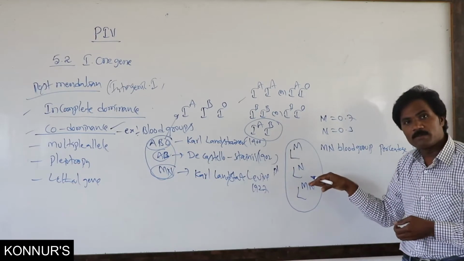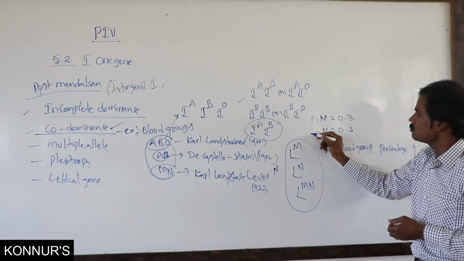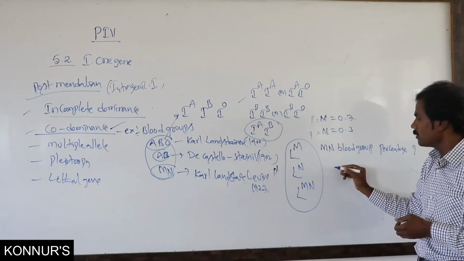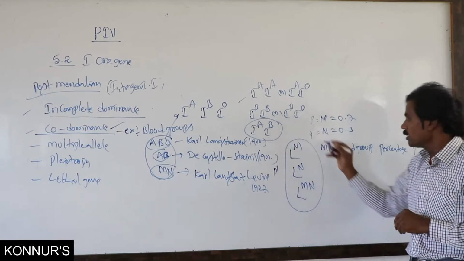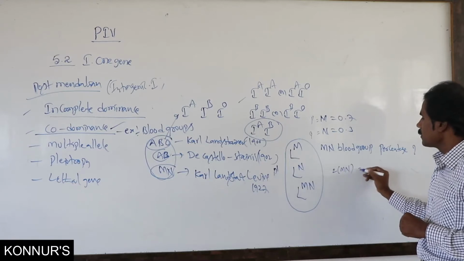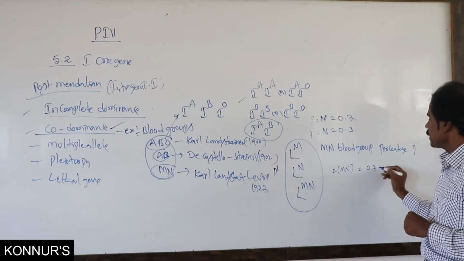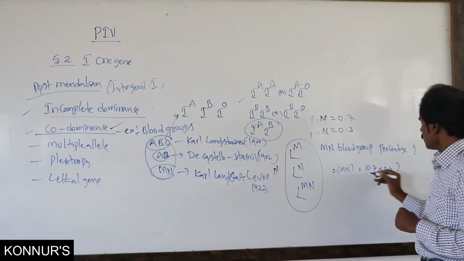According to the Hardy-Weinberg principle, p plus q whole square. Here MN means 2pq, that means 0.7 into 0.3 into 2.